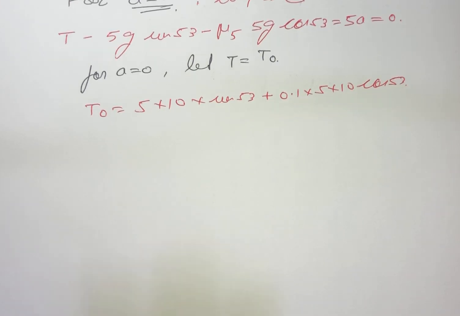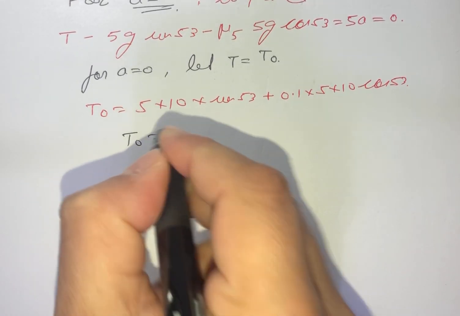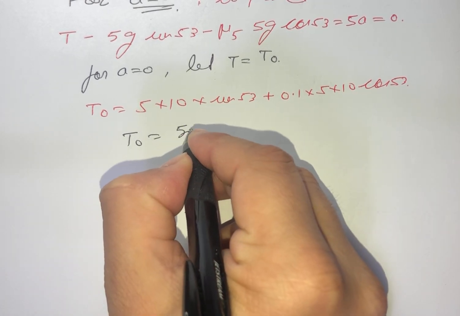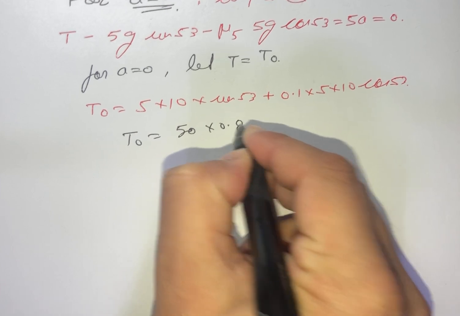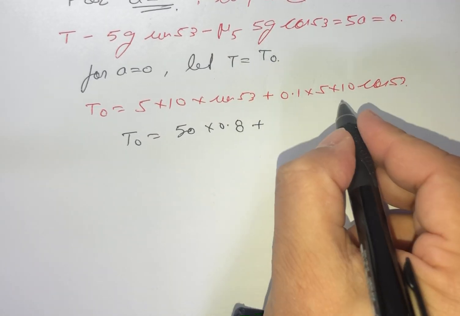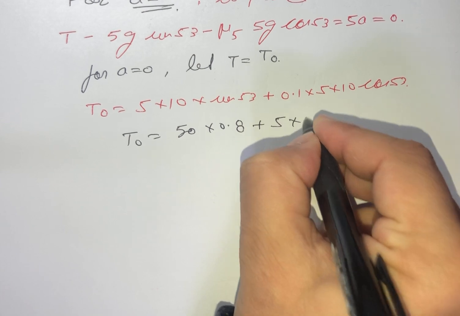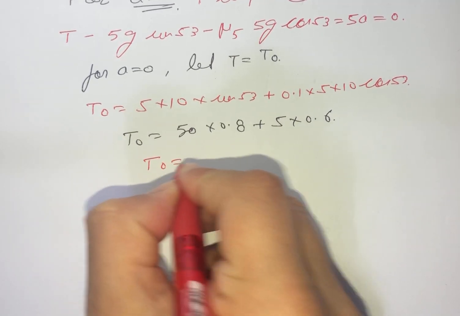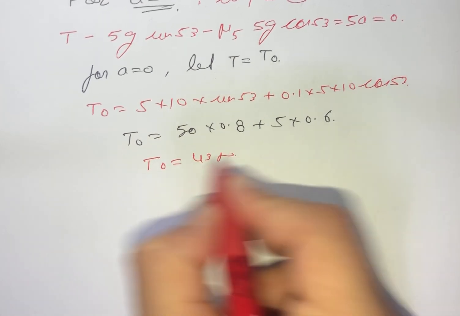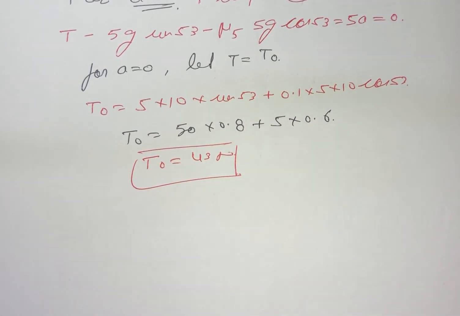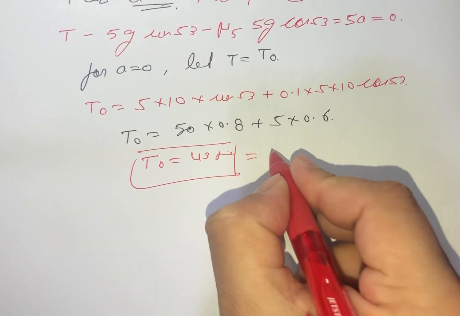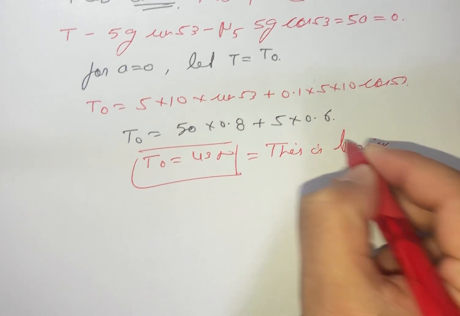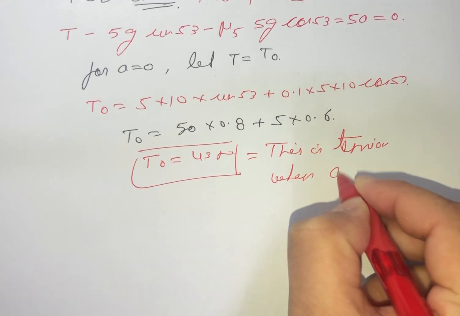So T naught will be equal to 50 into 0.8 plus 5 into 0.6. So we get T naught as 43 Newton. So this is the tension when acceleration equals 0.